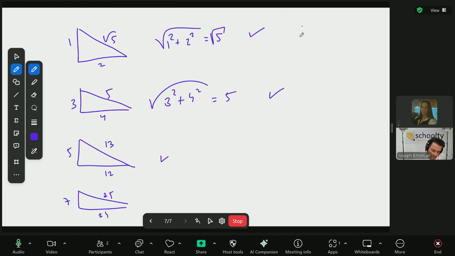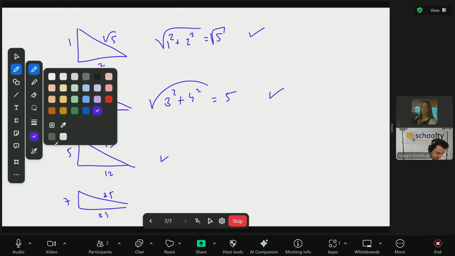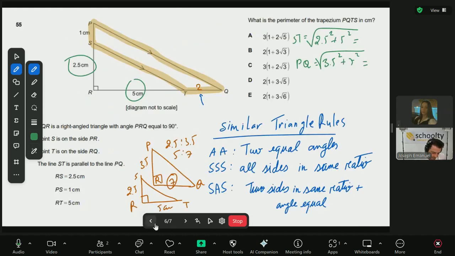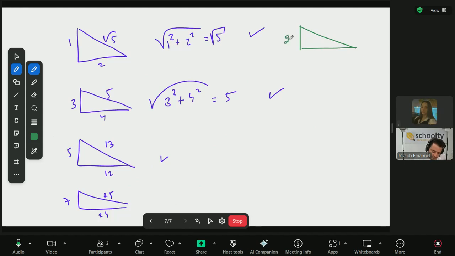Okay, so instead of 1, 2, let's use it. I will change color. Let's use green. In our case, instead of 1, 2, we have 2.5 and 3.5. 2.5 multiplied by 2 will be 5, and this one will be 7.